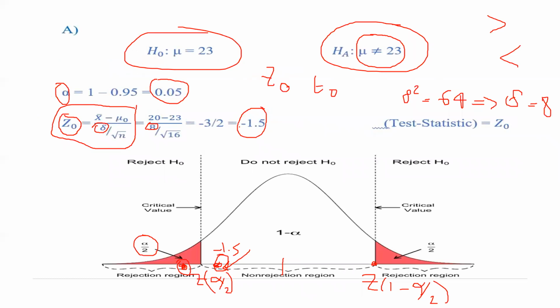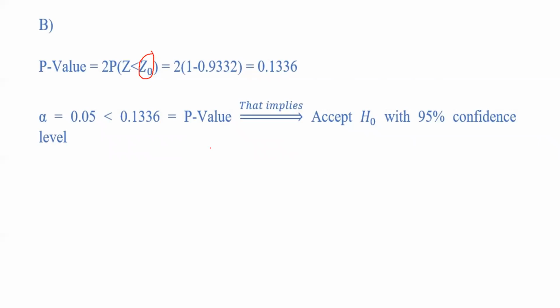So z0 is minus 1.5. It means that this probability is equal to this one. You already know how to find such probability. The probability of z less than minus 1.5, right?